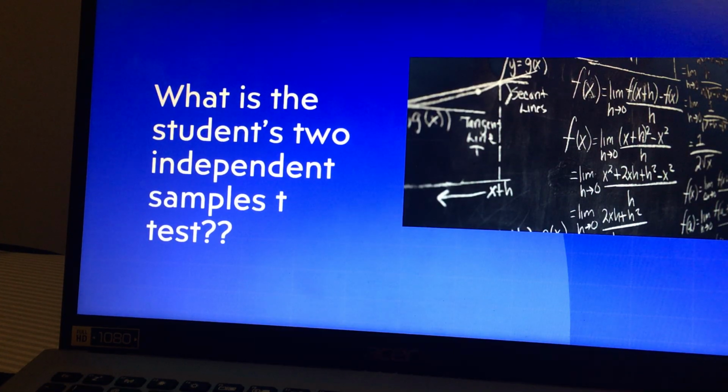The second assumption is the same as with the one sample t-test, so independence. Once again, it is assumed that the observations are independently sampled. In the context of the student test, this has 2 aspects to it. Firstly, we assume that the observations within each sample are independent of one another, exactly the same as for the one sample test.